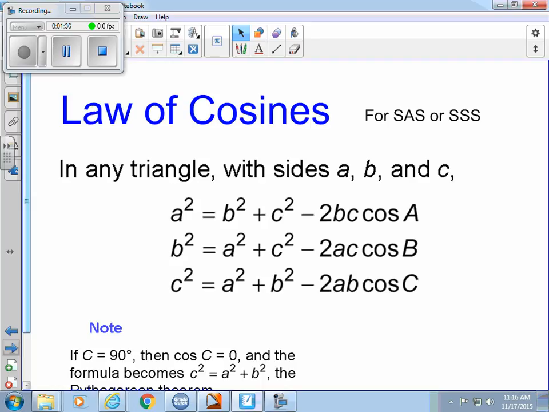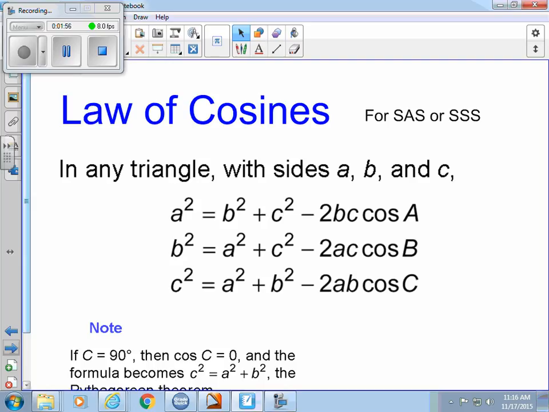Now, where this will be useful is for side angle side, which is what the bell ringer was, right? Wasn't it a side angle side? And it's also useful for finding an angle given the sides. So those are the 2 cases where the law of cosines will be necessary. You will need to memorize this formula.